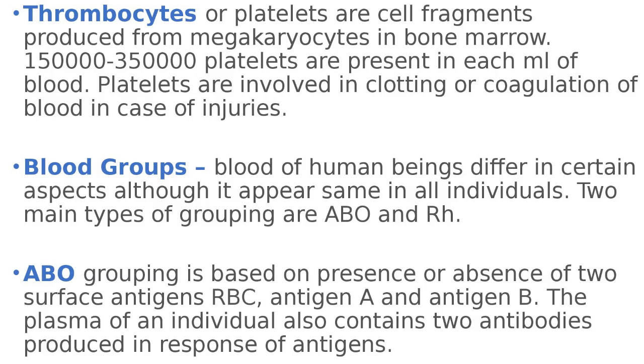If we talk about blood, there are two main types of grouping, ABO and Rh factor. ABO blood grouping is based on the presence or absence of two surface antigens on RBCs, antigen A and antigen B.